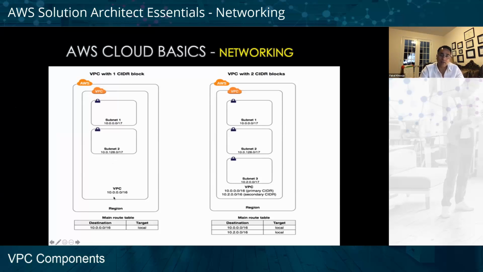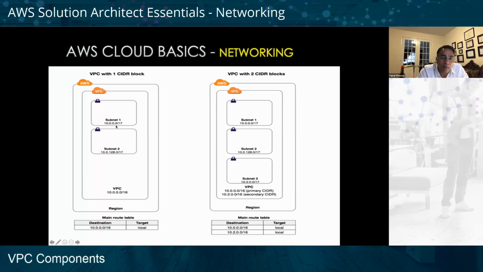Like I said, the IP address range was 10.0.0.0/16, which gives you 65,000 plus IP addresses. Within that range, you can define your subnets, private subnet, public subnet, whatever you want. You can say this subnet would have this IP address range, and the other subnet would have this IP address range. You can have private and public subnets within that VPC.